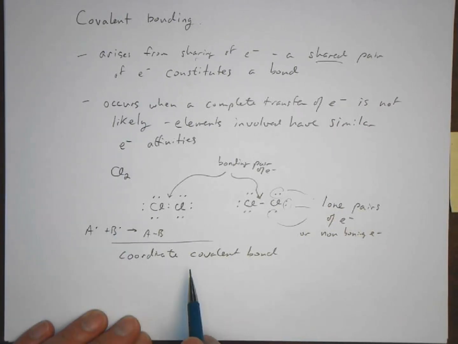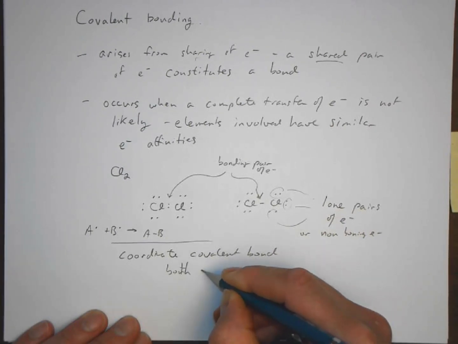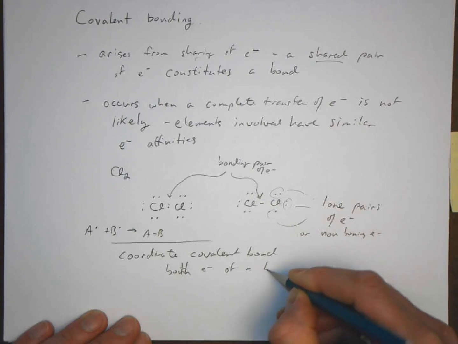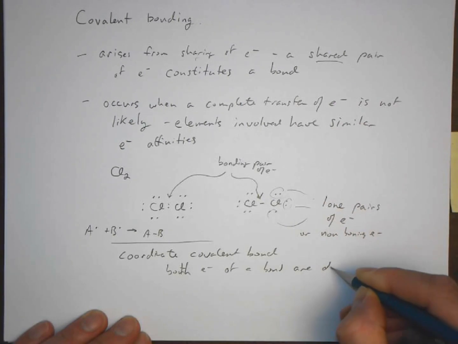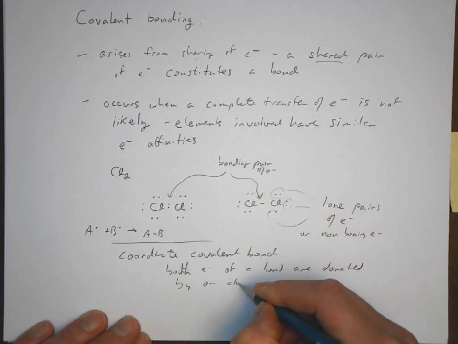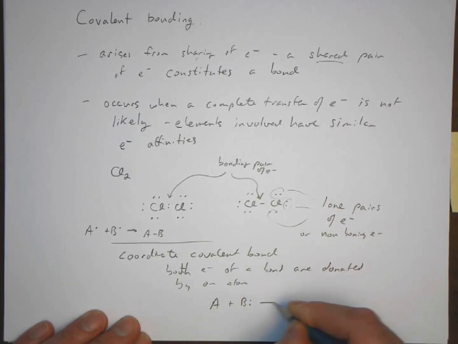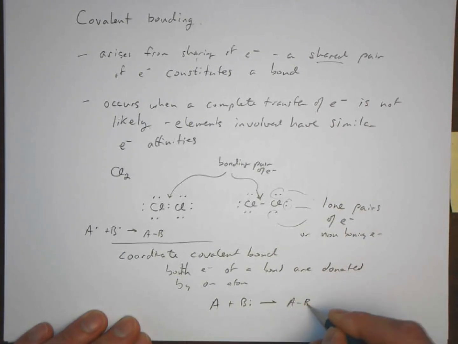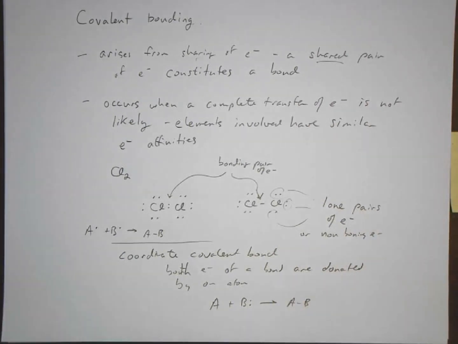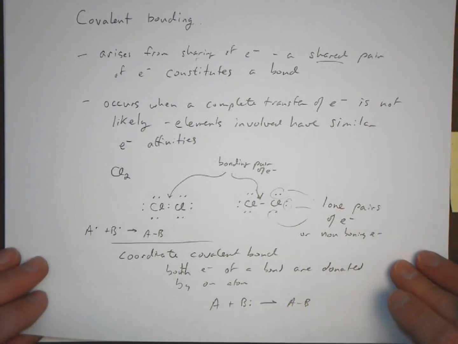With a coordinate covalent bond, both electrons of a bond are donated by one atom. It's a little rarer. So we might draw a picture that looks something like this. We still have a covalent bond. There's still a sharing of electrons, but both electrons are donated by one atom.